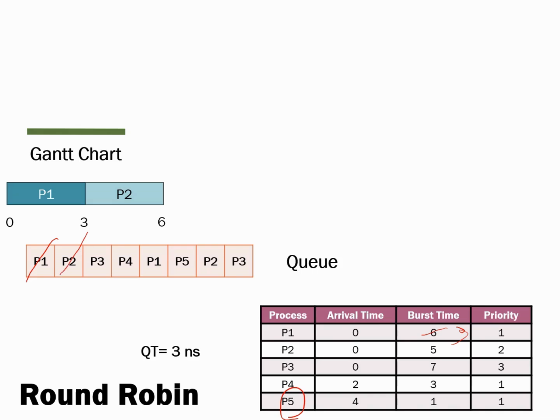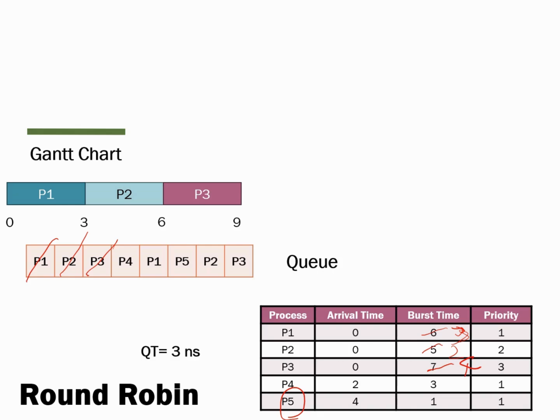So P2 is not finished here, P2 needs 2 more. P1 needs 3 more. As you can see here, P3 got the CPU between 6 to 9, and P3 also after completion is added to the end of the queue. So as you can see, P3 needs 4 more.